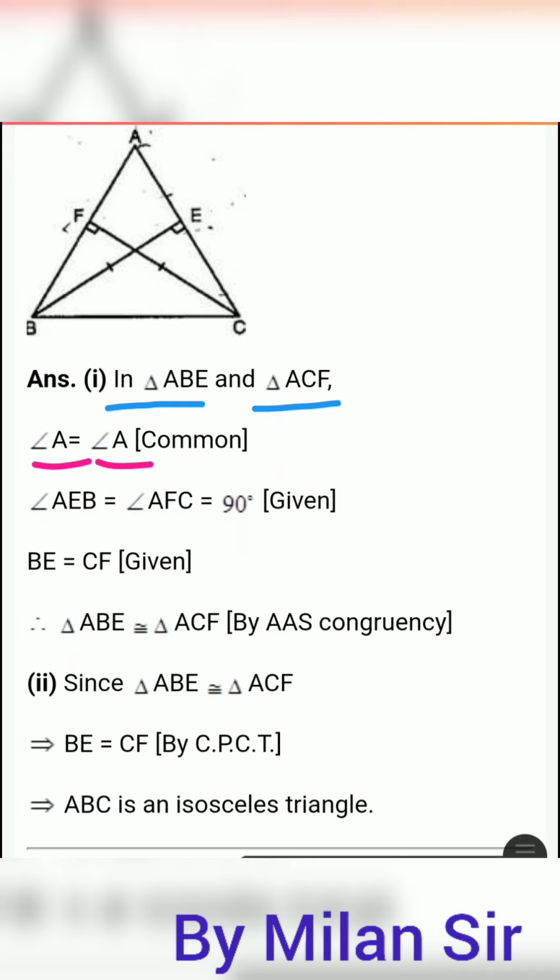Angle AEB is equal to angle AFC, both are 90 degrees, so equal. And BE is equal to CF, that is given.